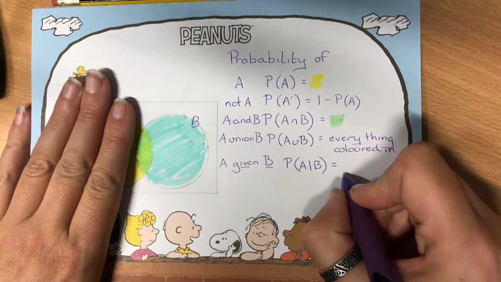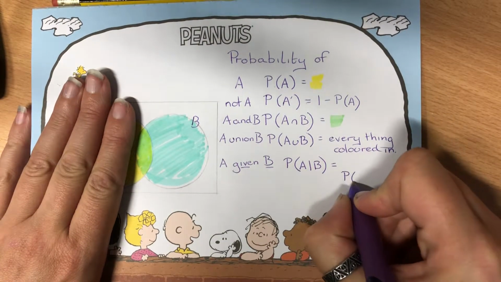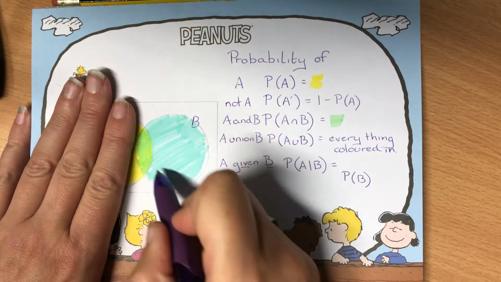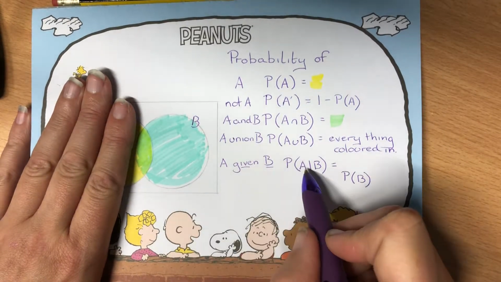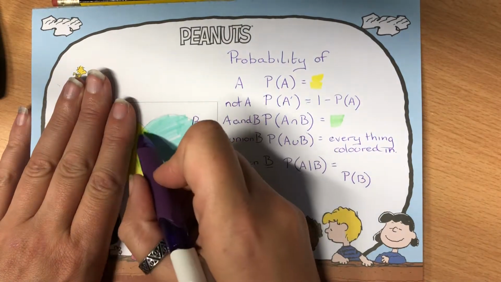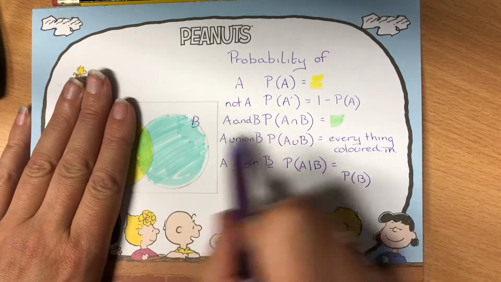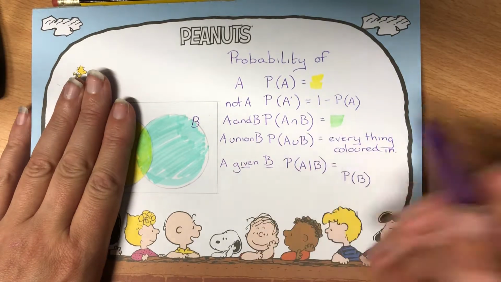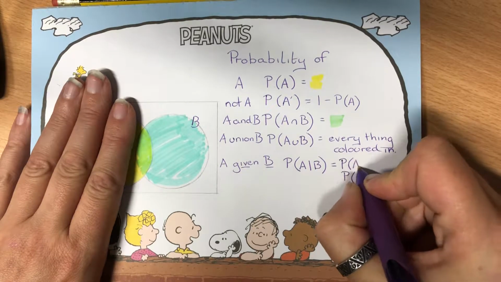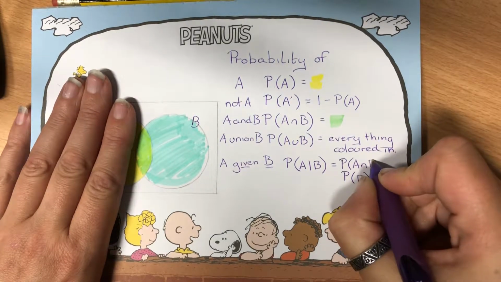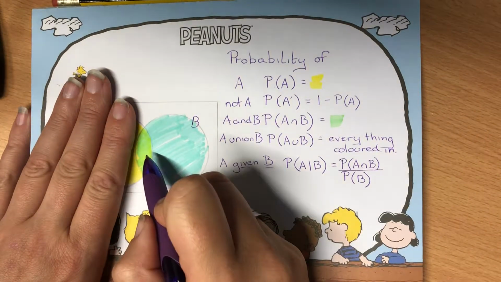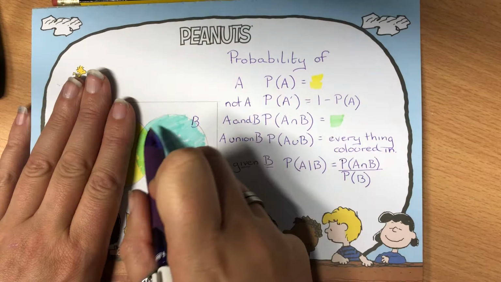So we are making it out of whatever our probability of B was, just inside that circle. And if we want the probability of A inside that circle, it's just that little bit there. And we know from earlier that that's the probability of A and B. So if we want to know the probability of A given B, what we're doing is the probability of both out of the probability of just B.